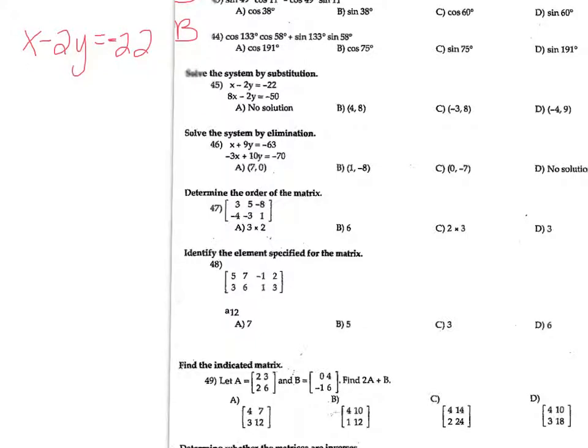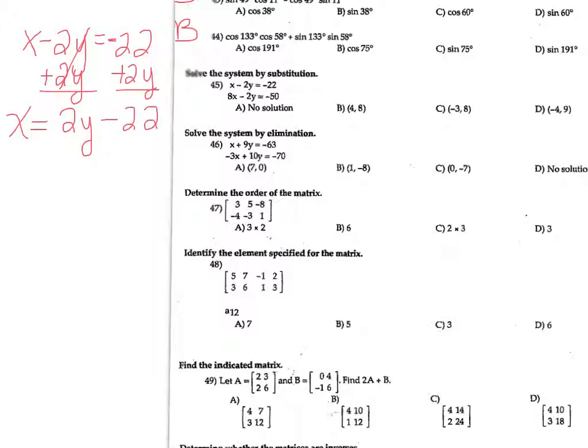Substitution. What are we supposed to do? We need to subtract. Well, it's subtracting already, so we'll do the opposite of that. We need to add 2y because you need to leave the x by itself. So the equation is going to be x equals 2y minus 22.